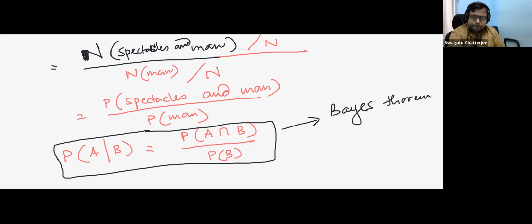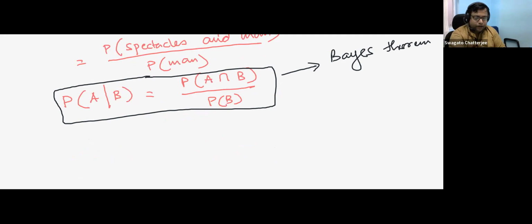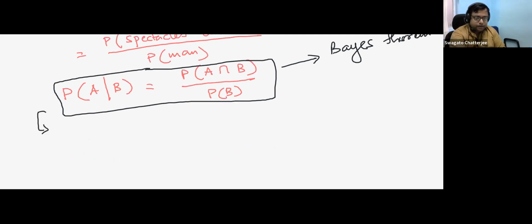Now this can also be written in a different way. Let's derive a few things from here. Can I write it like this? Yes.